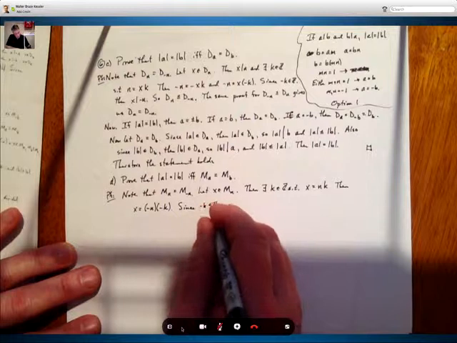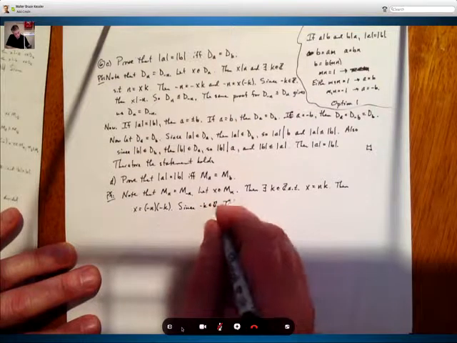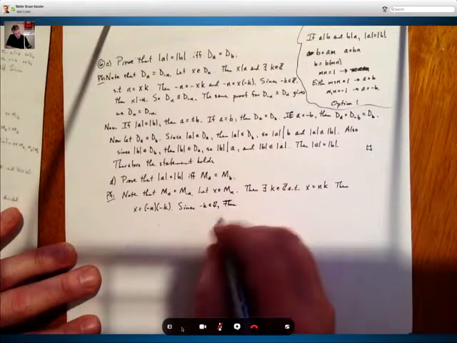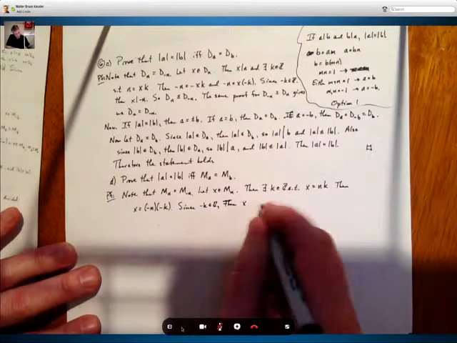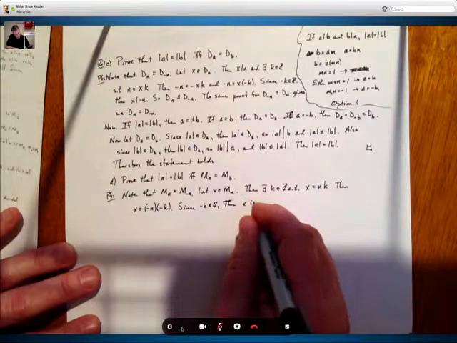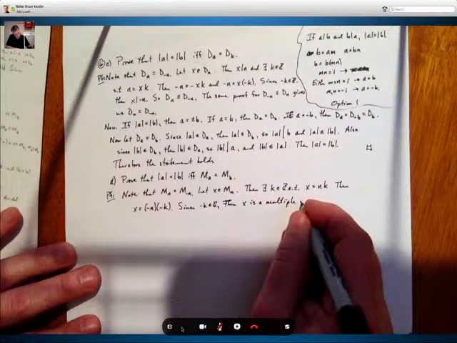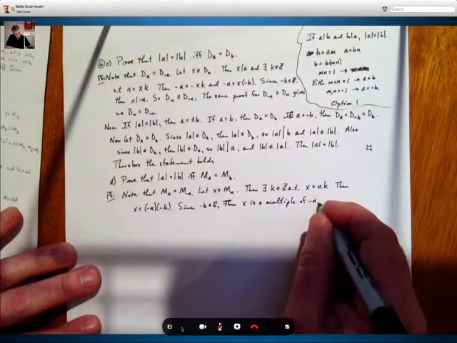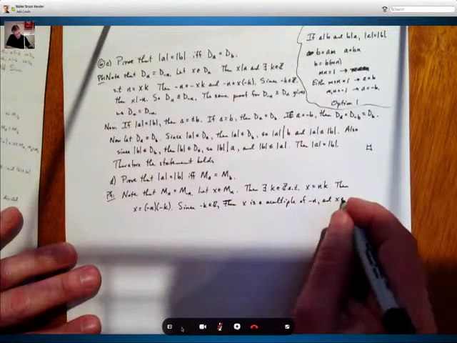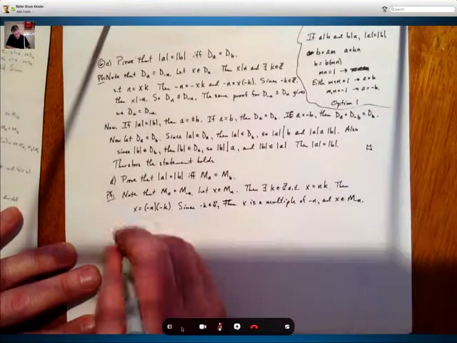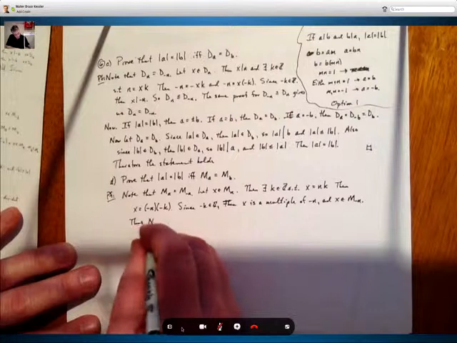So since negative k is an integer, x is a multiple of negative n, and x belongs inside of M of negative n.